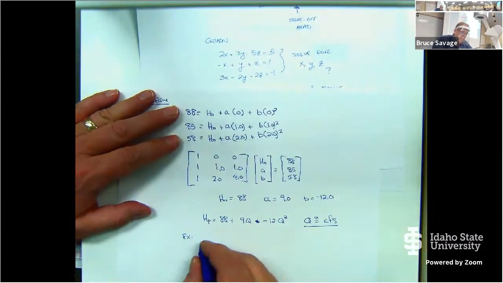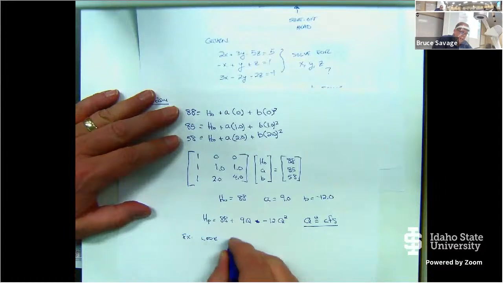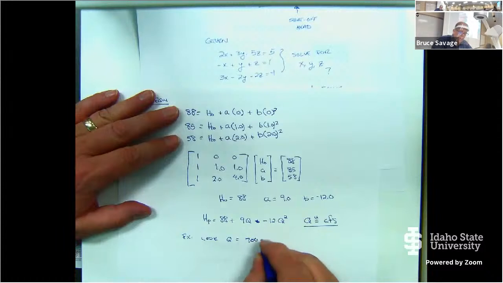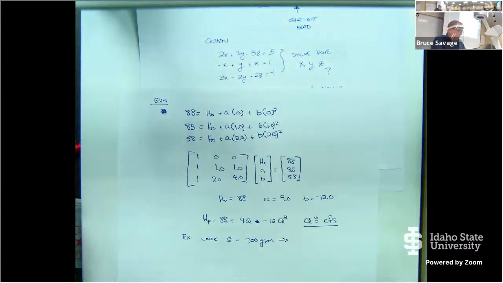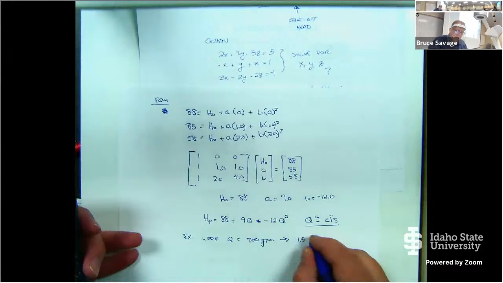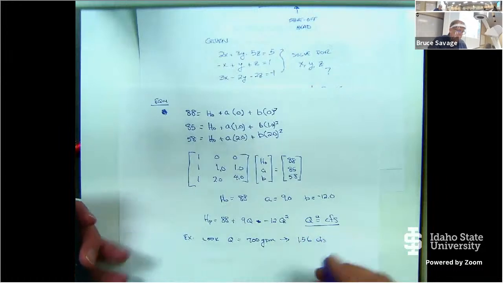As an example, let's look at Q equals, I don't know, 700 gallons per minute, which then is going to be equal to 1.56 cubic feet per second.